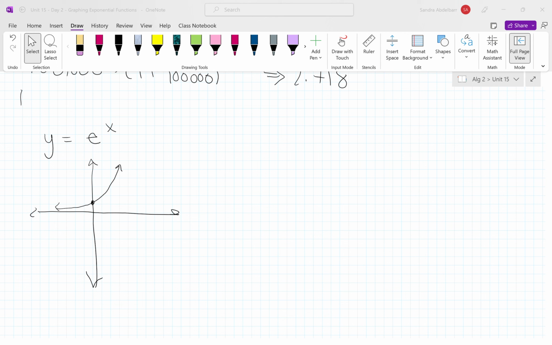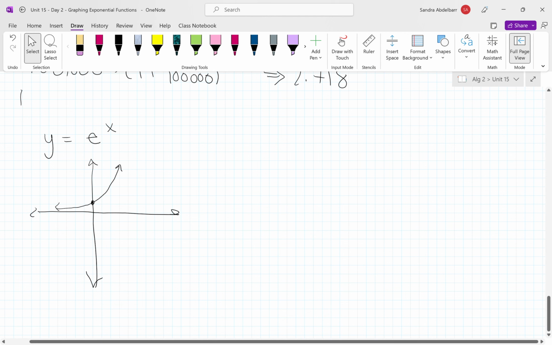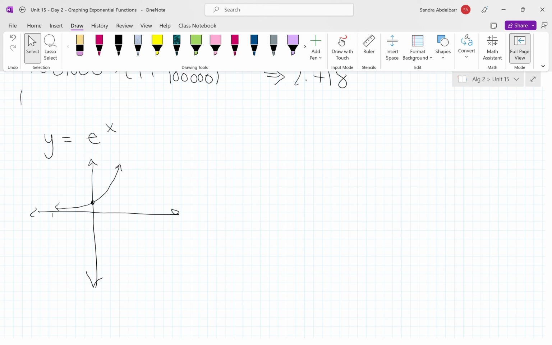So just wanted to show you. Let's go back here. If we did 1 over e, same idea. What would happen? Just decreasing.